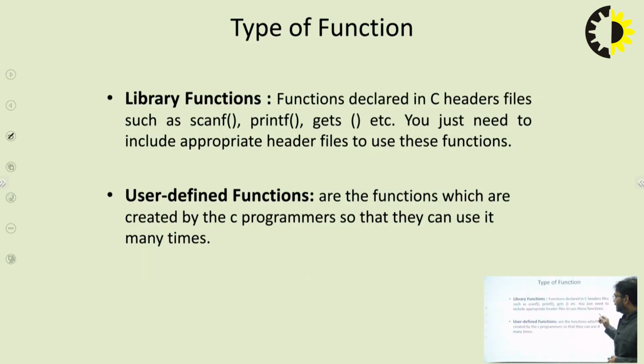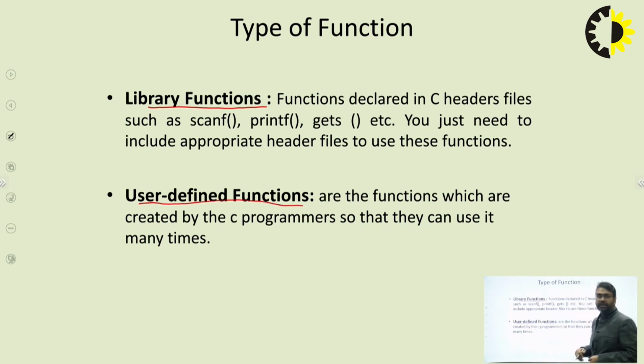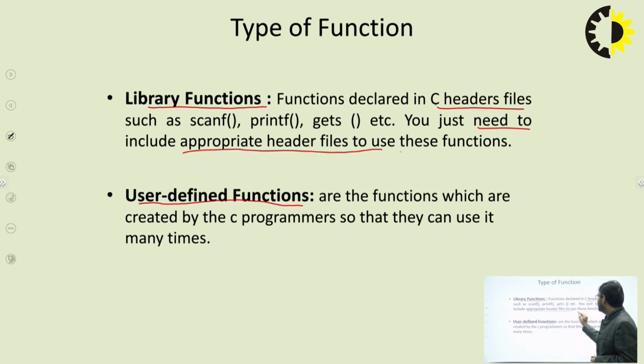Now there are two types of function. First one is called library function. Second one is called user defined function. Library functions are declared in C header files, the already defined functions which are included in C header files. Whenever we want to use a library function, we just have to include the appropriate header file in our program and we can directly use that particular function.